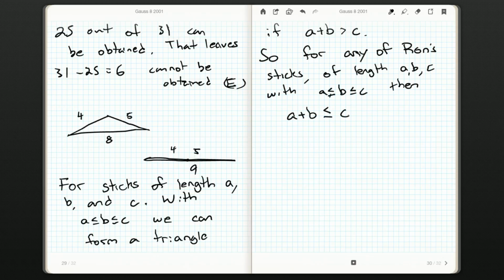Now we're told in the question that Ron has 8 sticks. Now I don't really know where to begin trying to figure it out for 8 sticks. And when we're confronted with that on a contest question, a good idea is to take the sort of offending term or the big scary number like 8 in this instance and drop it down to something a little more reasonable. How about 3 sticks?